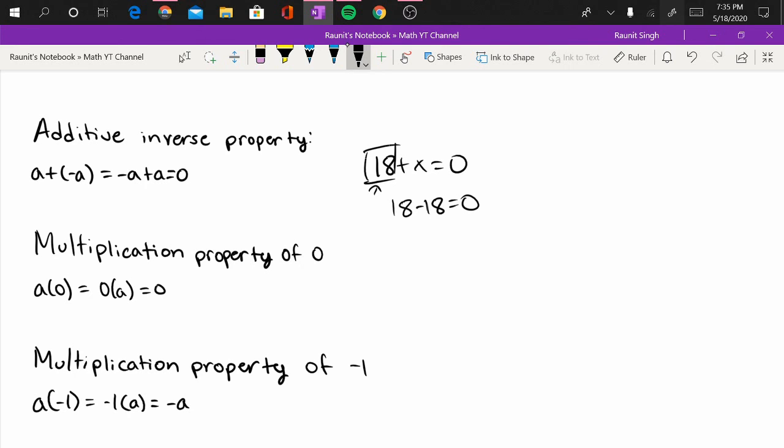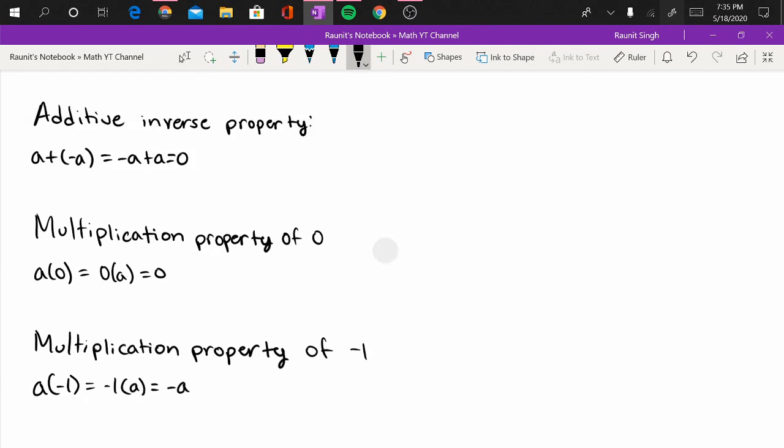So assuming that the 18 is equal to x, you would do negative x, which is what the additive inverse property is. A plus (negative a) equals negative a plus a equals 0.